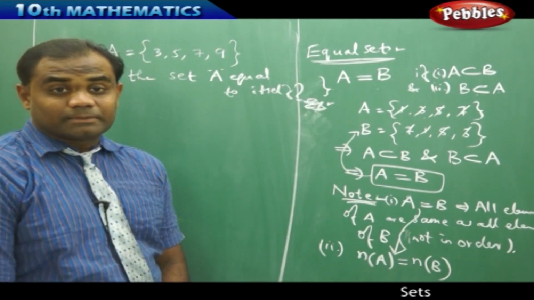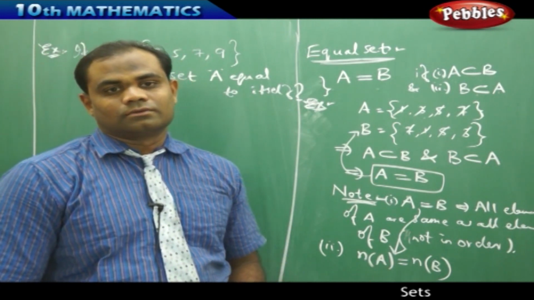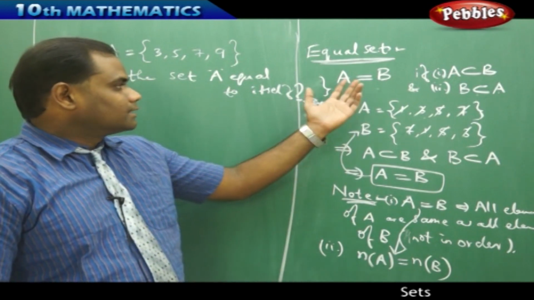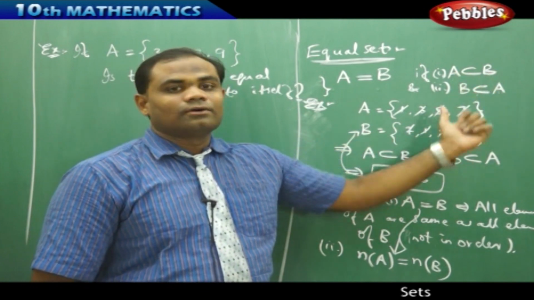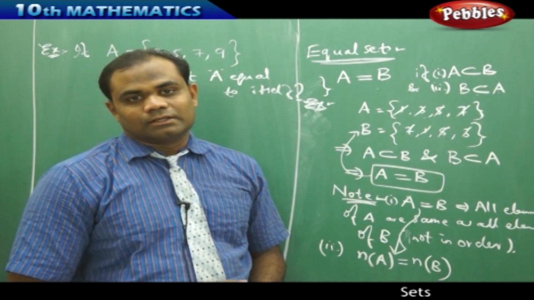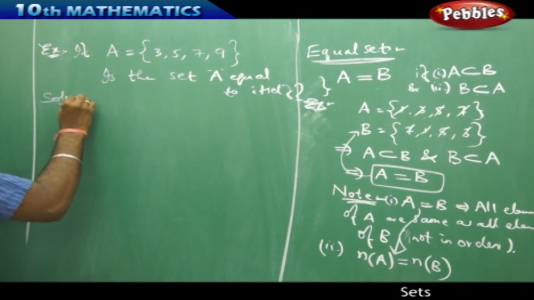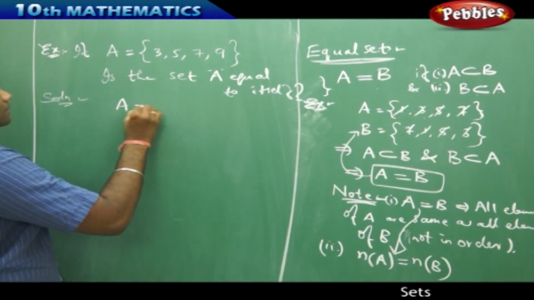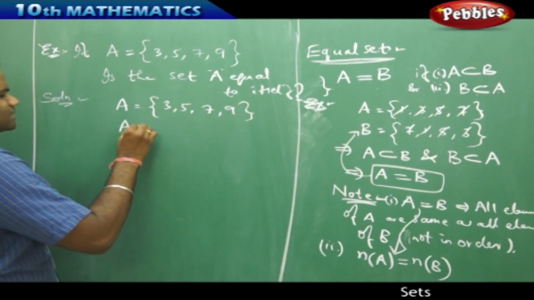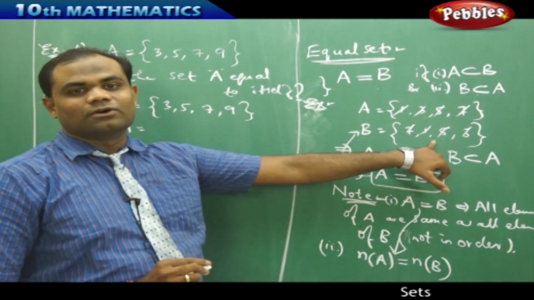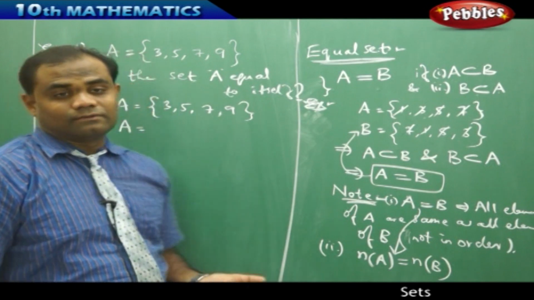So how do we prove mathematically whether the given set is equal to itself or not? Initially I take that if my set A must be equal to A, then A should be a subset of A and vice versa. So if I take the set A as {3, 5, 7, 9}, then I reconsider the set A equally in the second case because I use the cancellation process to identify whether the set is equal to itself.